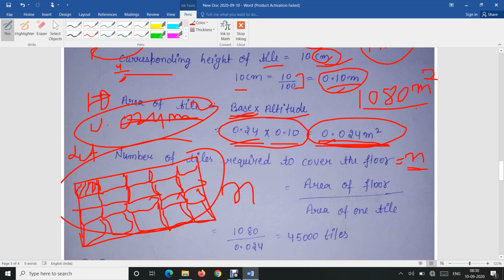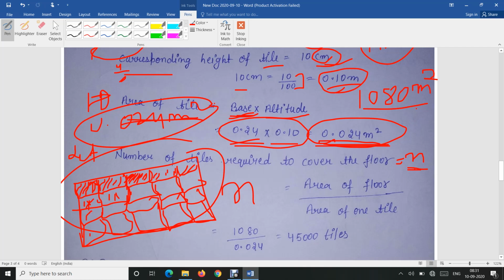All the tiles are in the same shape and have the same area, so this tile is also 0.024 meter square, and similarly the area of each tile is 0.024 meter square.